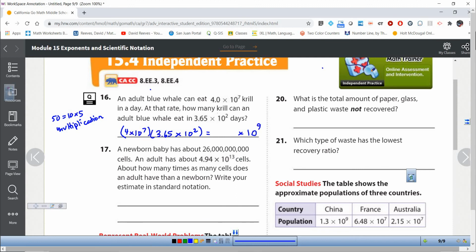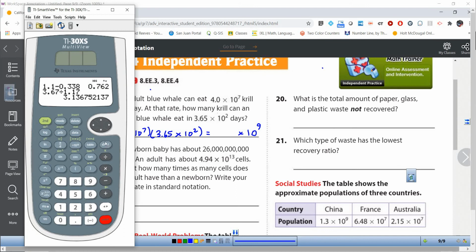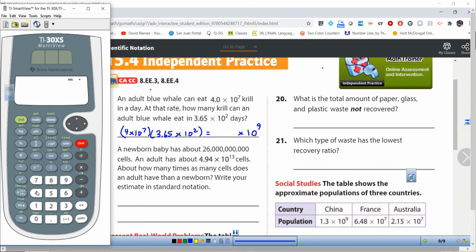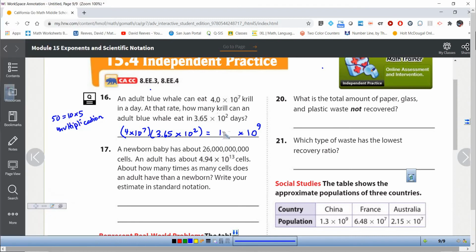And then I'm going to go ahead and get out my handy dandy calculator. All right, that screen's getting kind of full, so I'm going to clear it out. And I'm going to do 4 times 3.65. And when I do 4 times 3.65, what do I get? I get 14.6. All right. Now, once again, that answer is not in scientific notation.